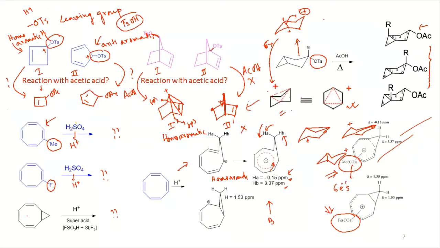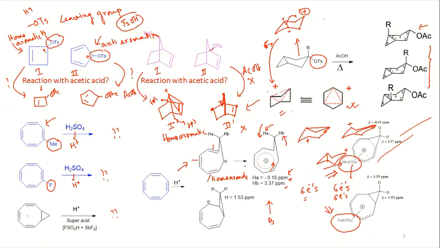How many electrons will be contributed by molybdenum? If you count that, the total available electrons in this ring are 3 pi electrons, so 6 electrons. Plus 6 makes 12, and molybdenum has 6 outer shell electrons. So you have a total of 18 electrons.